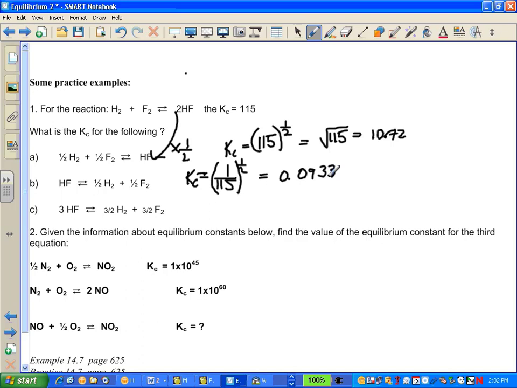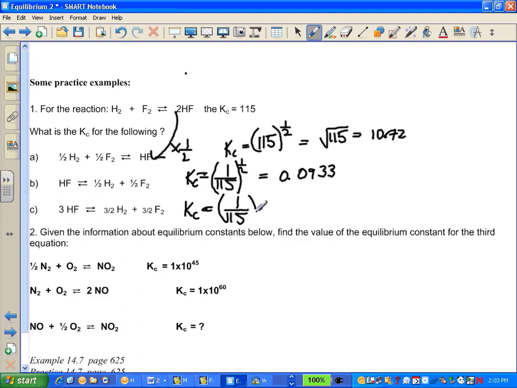In the last example, comparing it to the original equation, we can see that it was both inversed and it was multiplied by 3/2. Because it's been inversed, flipped around, we get 1/115.